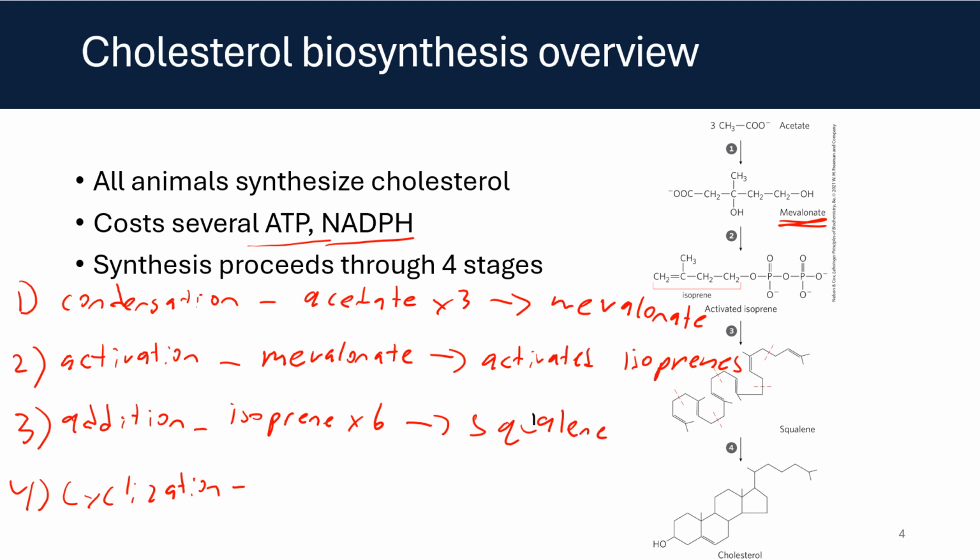We are going to take our squalene molecule and scrunch it up and then do a series of cyclization reactions to form what's called the steroid nucleus. That's like the backbone of cholesterol and all sorts of cholesterol derivatives.